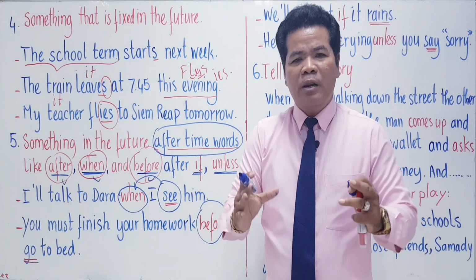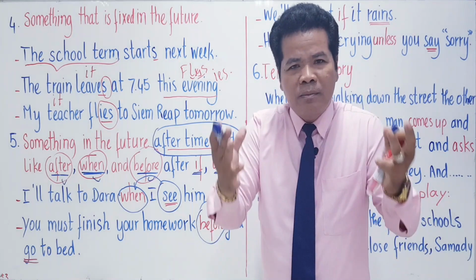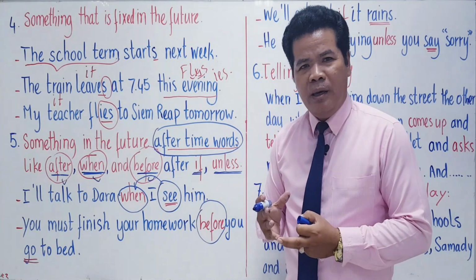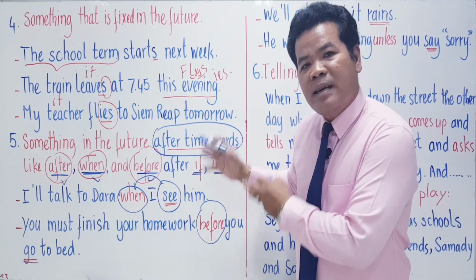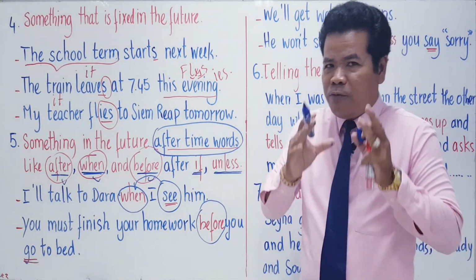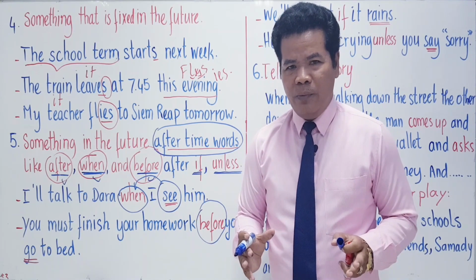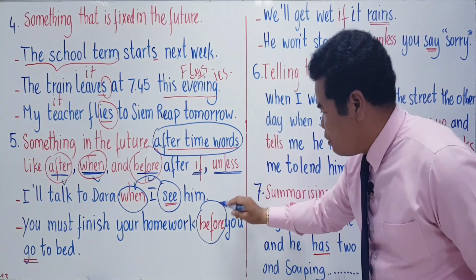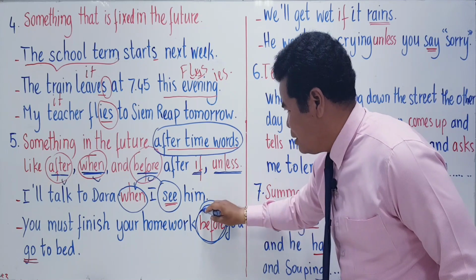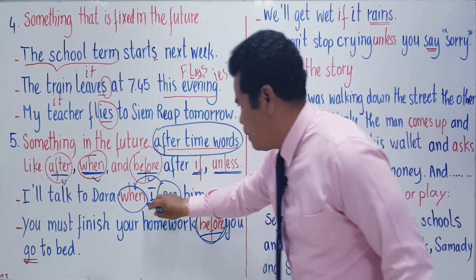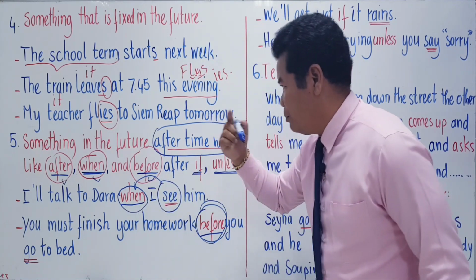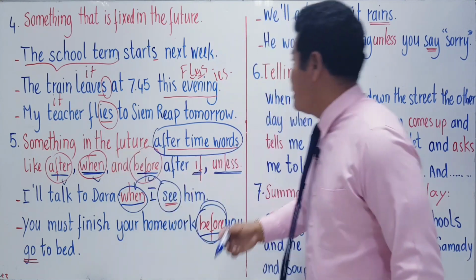You don't need to ask me the reason why we use present simple at this point. Because the rule says that. Just follow the rule. Just follow the uses of that. Okay? That's why you just remember the time words before, when, and one more is after.